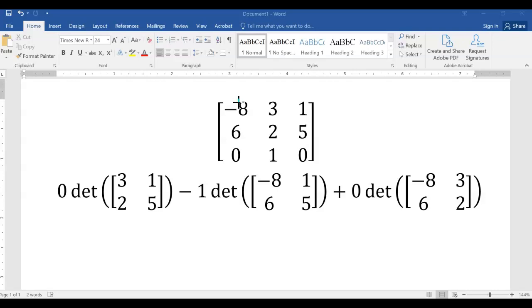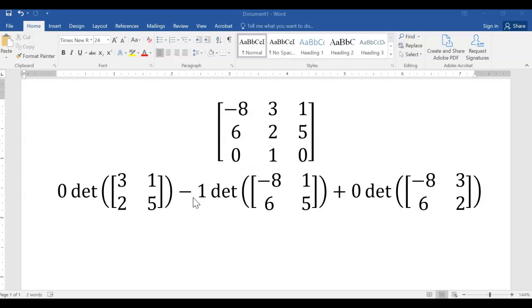Again, when you eliminate the first column and the third row, eliminate this 0 spot is what I'm looking at here, we get the submatrix 3, 1, 2, 5. All right, so 0 times the determinant of that. And then I look at 1. 1 is the third row, second column. 3 plus 2 is 5.